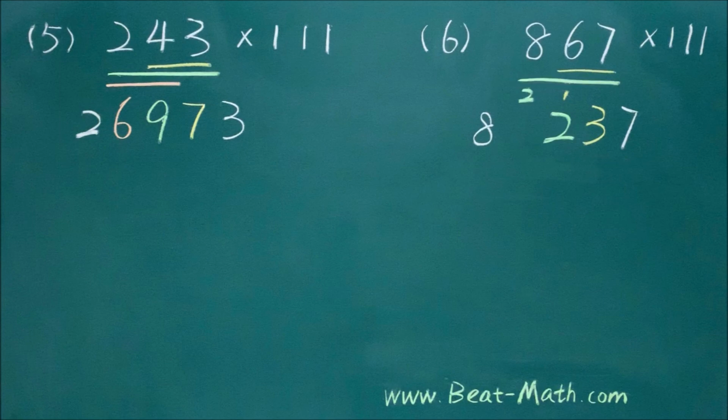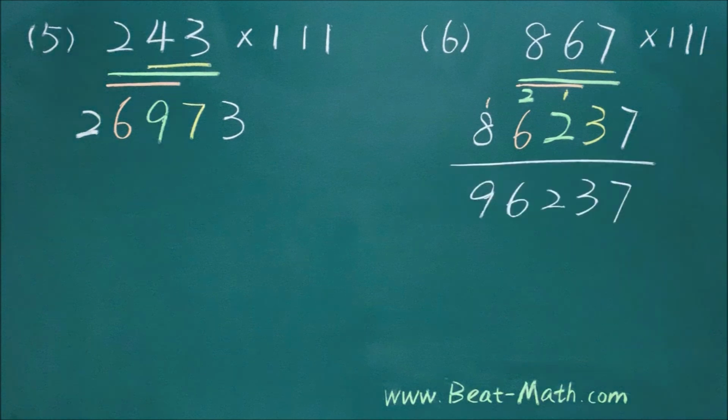Put 2 next to 3, the extra 2 plus 8 plus 6 equals 16. Put the 6 next to 2. The last step is to add the extra 1 to 8 and get the final first position as 9, making 96,237 as your final answer.